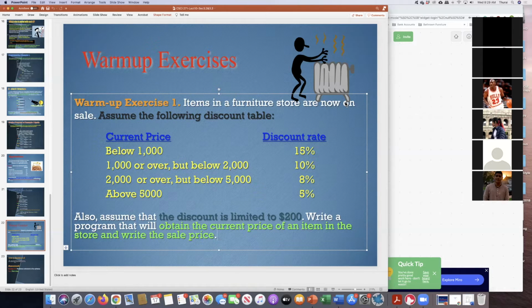Only after the entire if-else block is finished, you should compare the discount amount you have calculated against 200 to make sure it's not over 200. The discount amount is limited to 200, okay? So this whole program is incorrect.